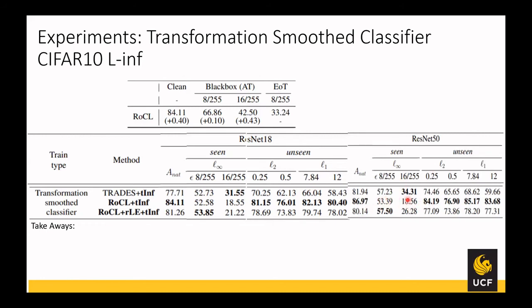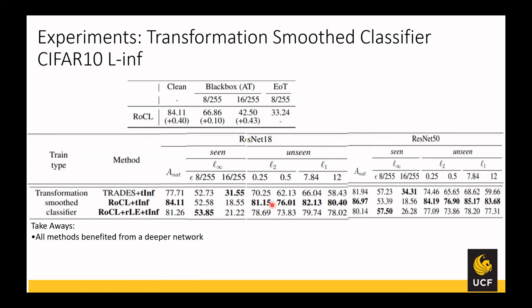That is, on unseen attacks we get the highest robust accuracy for ROCL plus transformation smoothing, and we get lower robust accuracies compared to the robust linear evaluation on L infinity seen attacks. The unseen attacks here are L2 and L1, since we are training on the L infinity attack only. So what are the takeaways?